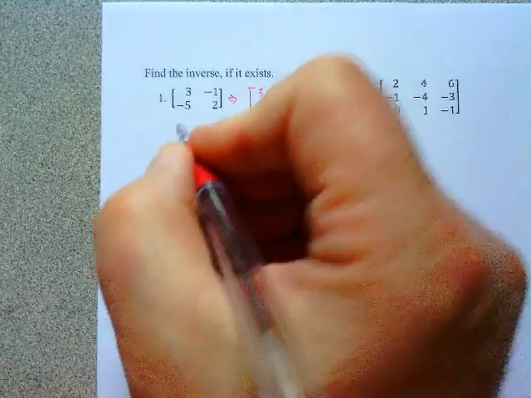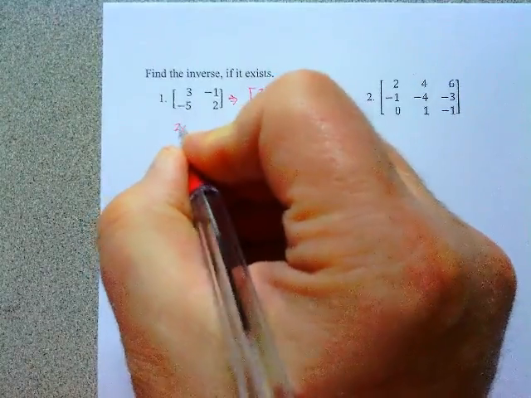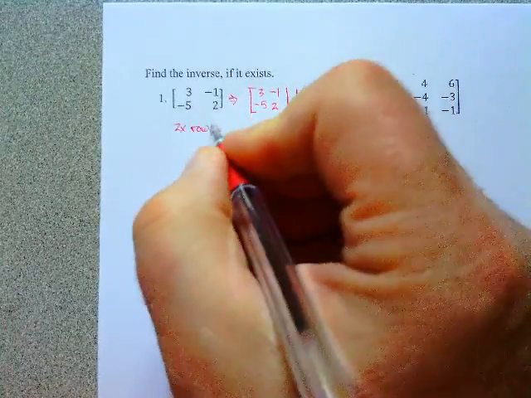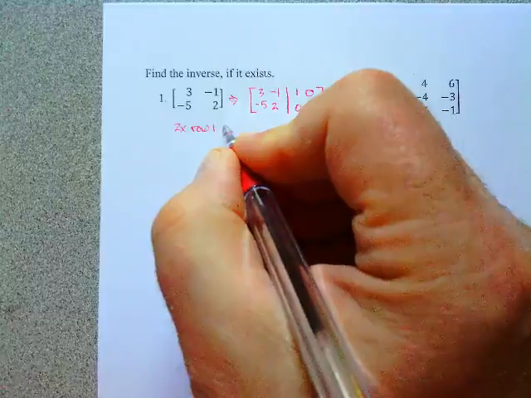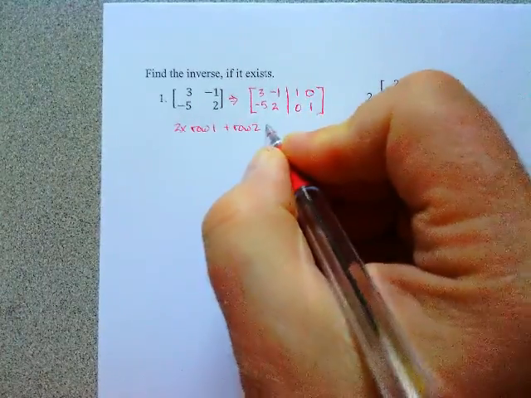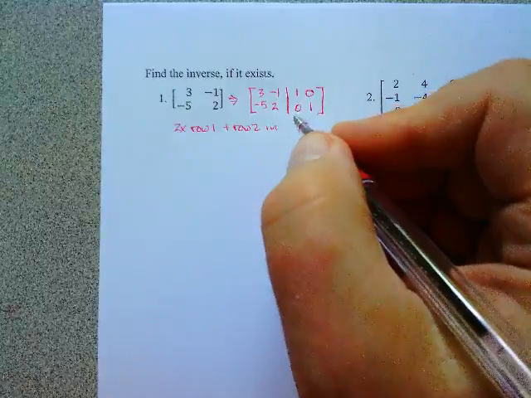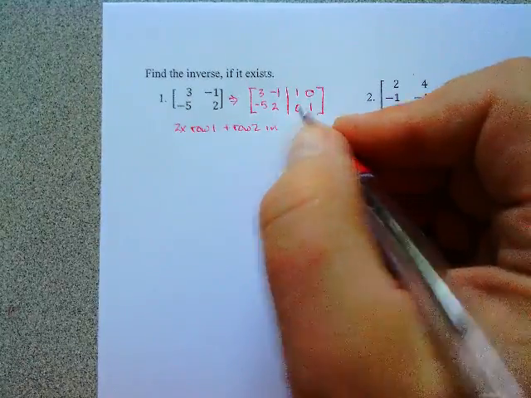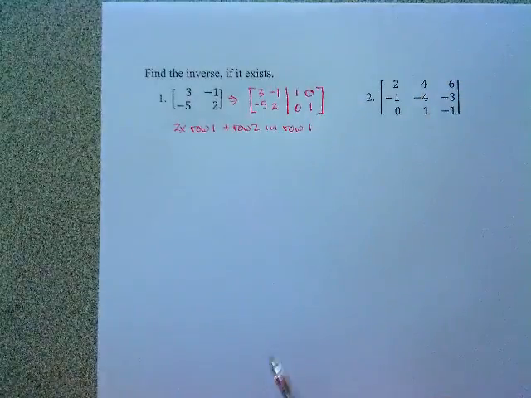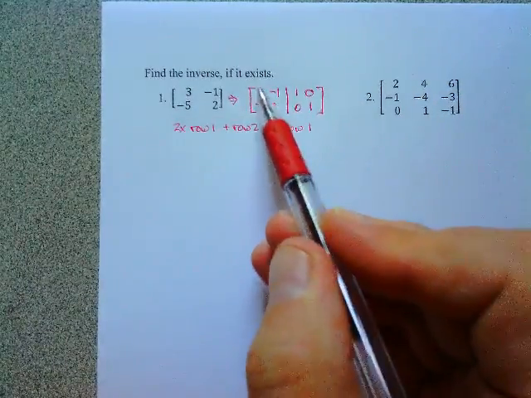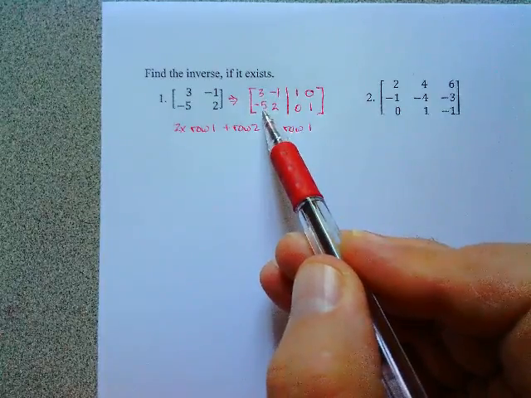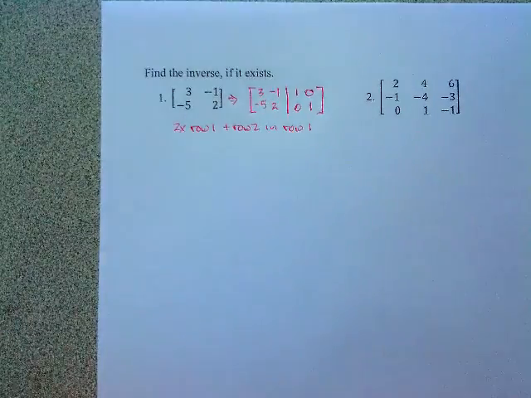So first we're going to do 2 times row 1 plus row 2 and put that in row 1. So we want to get a 1 here, so if we double that, that's 6. 6 subtract 5 gives me a 1, and then we put the 1 there.